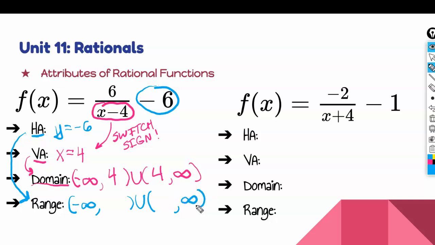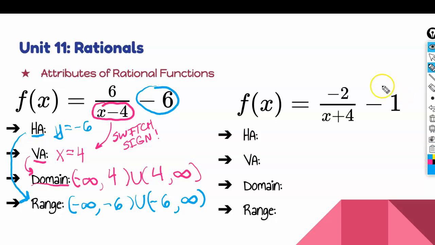Now what's going to go there? The number that I see with the horizontal asymptote, that y value where I have that horizontal asymptote. So in here is going to go a -6. All right, let's try the next one.